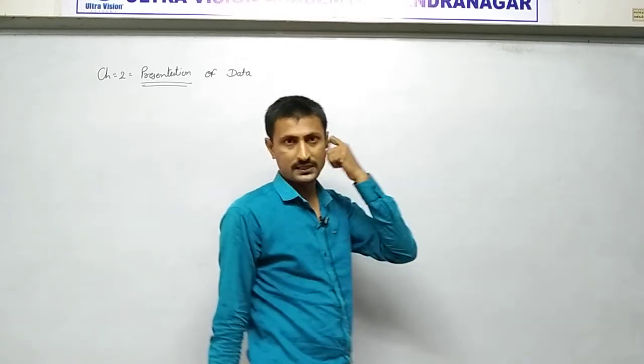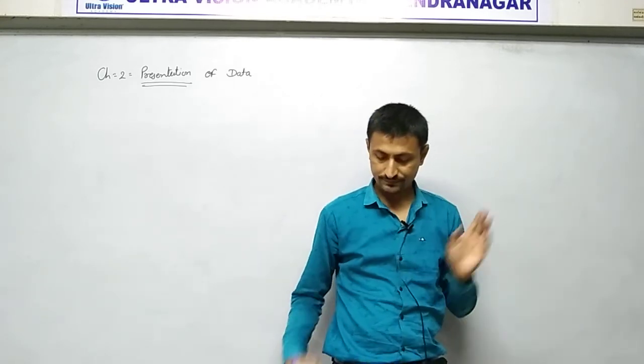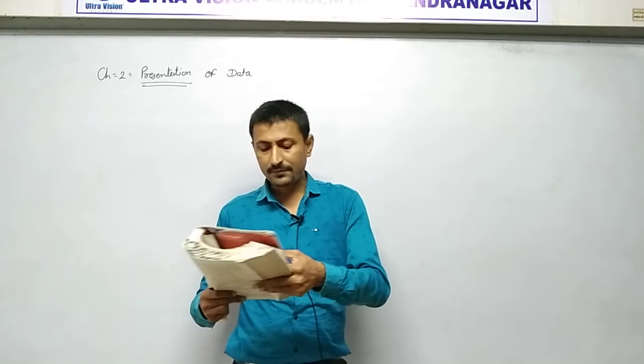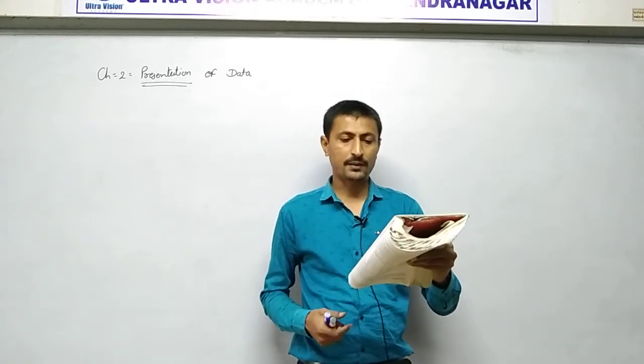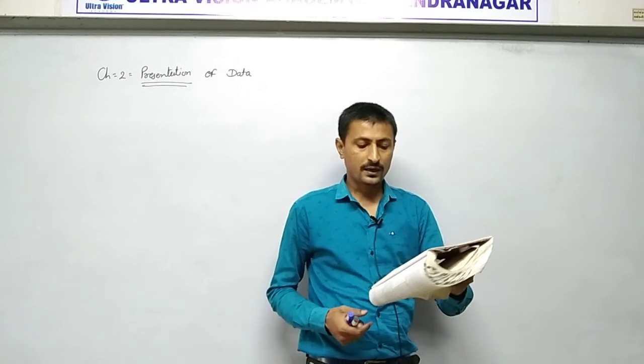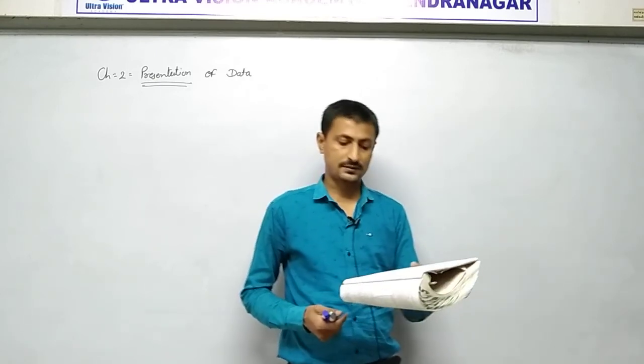So 3, 1, 2, 1 are the frequencies. A table showing the various possible values of a discrete variable with their respective frequencies is called a discrete frequency distribution.